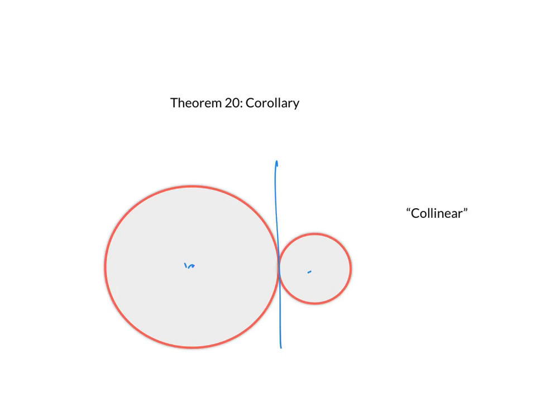So if we join up those 3 points, the center of each circle and the tangent point, again, they should all be collinear or along the same line. So you can pause the video here to take a note or a diagram into your worksheet, and just press play when you're ready to resume.